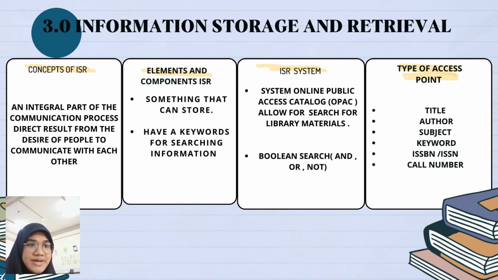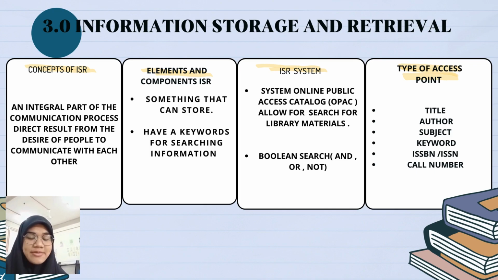It has basic functions for accessing information such as keyword, book title, author's name, or year of publication. Also, they provide an advanced search option to users by using Boolean search such as and, or, not.